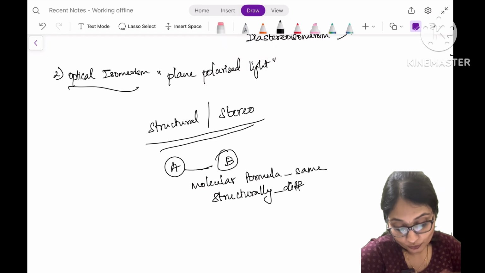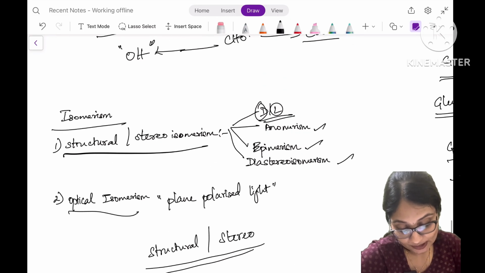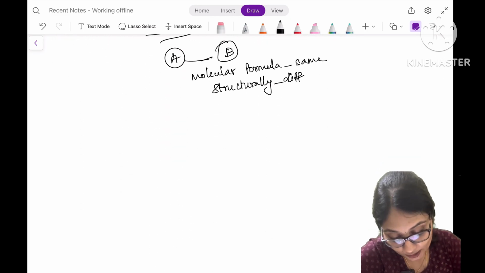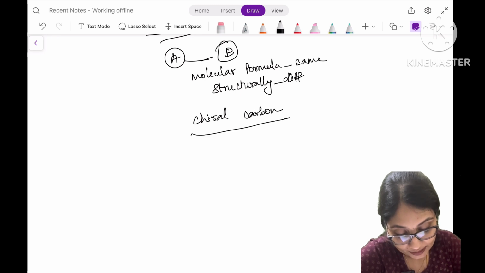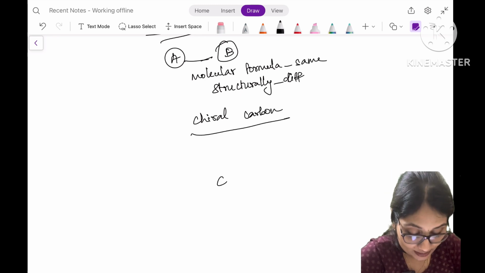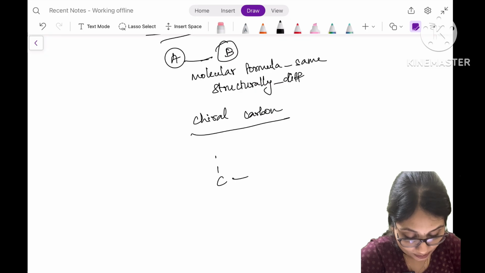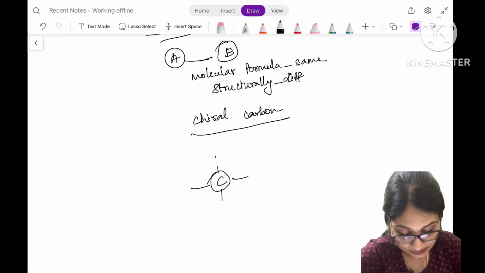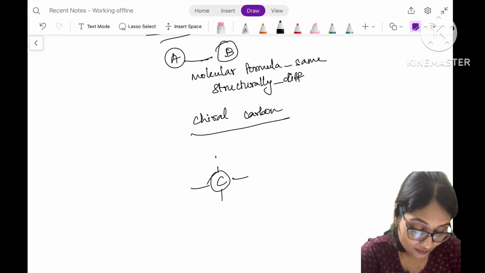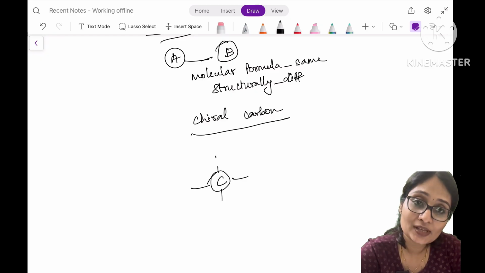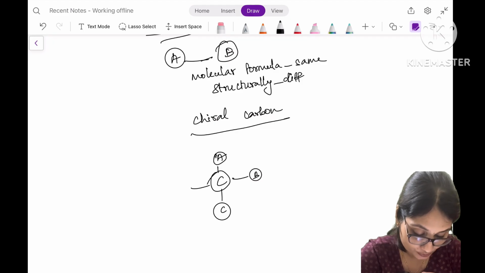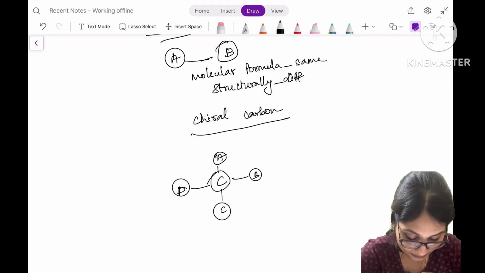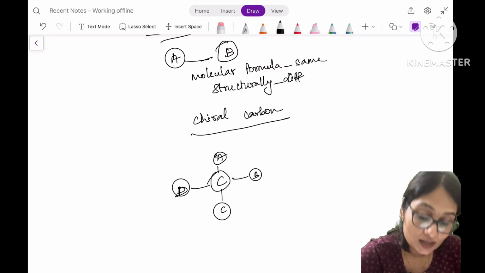Before moving on to the types, there is something called the property of a chiral carbon. What do you mean by a chiral carbon? A carbon has four valencies, 1, 2, 3 and 4. If each valency of carbon is satisfied by four different groups, here group A, here group B, here group C, and here group D attached to this carbon, this is a chiral carbon.